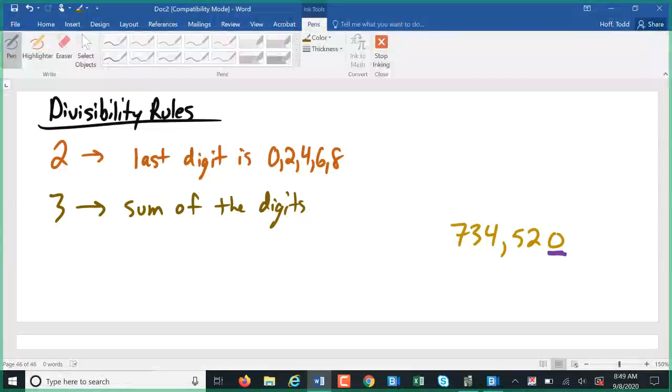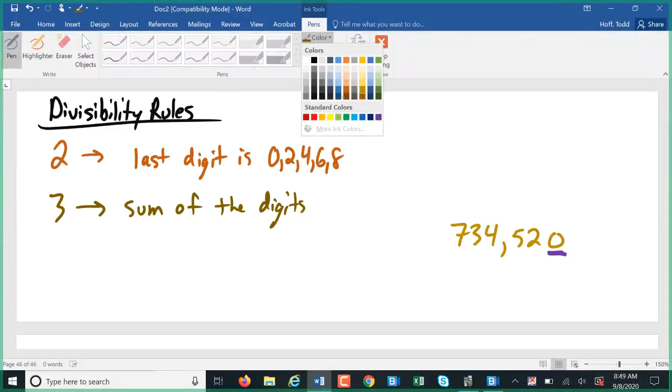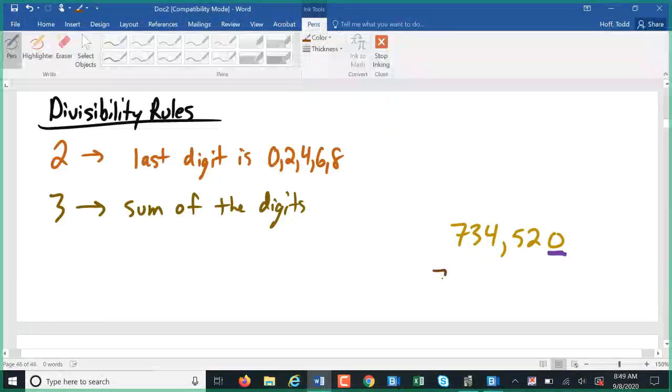So what do I mean by the sum of the digits? That means I take each of the digits here and I add them up. So 7 plus 3 is 10, plus 4 is 14, plus 5 is 19, plus 2 is 21, plus 0 is still 21. So those digits add up to 21.